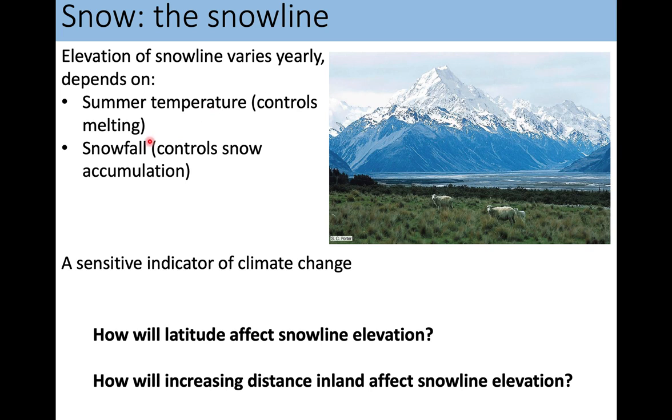The other thing is snowfall. If there is a huge amount of snowfall, it's going to take longer to actually melt. So you're going to have more snow, and that snow will be able to stick around longer because there is so much snow. So your snow line might stay constant or even lower.